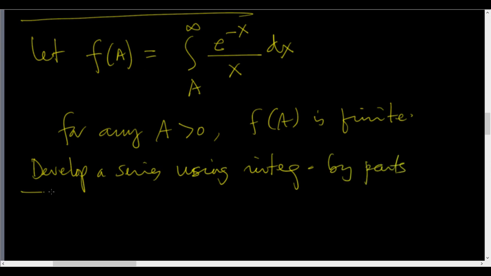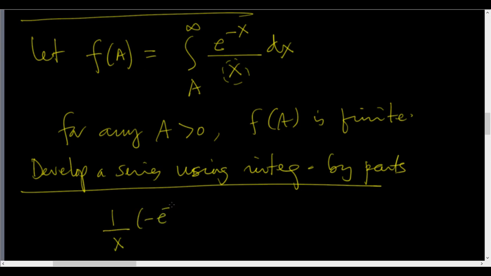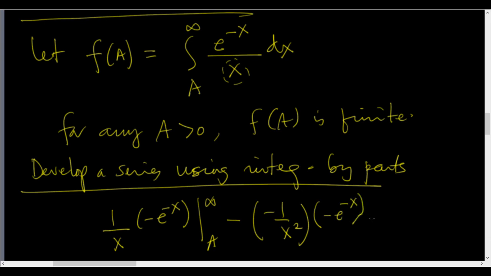Okay, so the way we do it is we take this to be the first function, so we get 1 over x and then minus e to the power minus x, and we put a and infinity, then we put a minus, then we have the derivative of that, so that is minus 1 by x square, and then we have that integral which is minus e to the power minus x dx, a to infinity. That means f of a is equal to this.